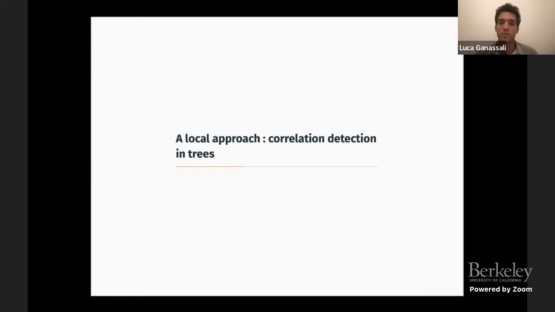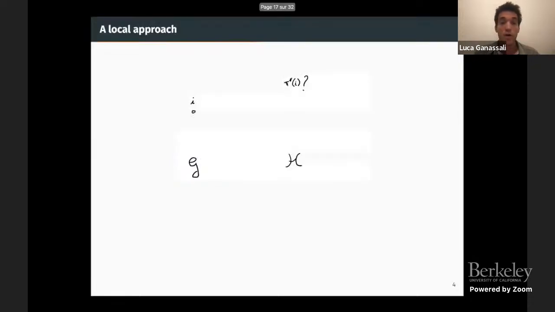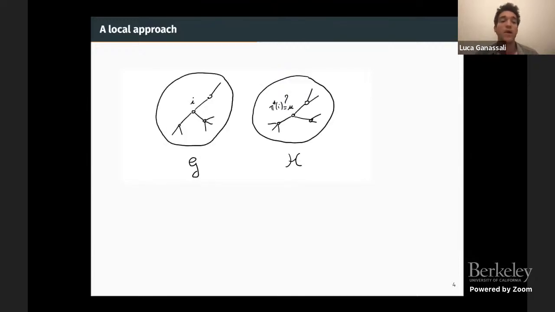The contribution in this paper is to design a local algorithm, which simply looks at neighborhoods in the graphs. And we'll see that this will bring us to another problem, the tree correlation detection problem. So why is that so? Well, we are given two nodes in G and H, and the question we are asking is, okay, is node I mapped to node U under the underlying ground truth pi star?